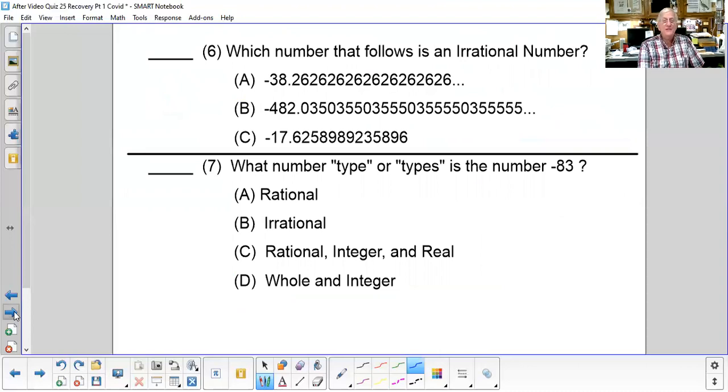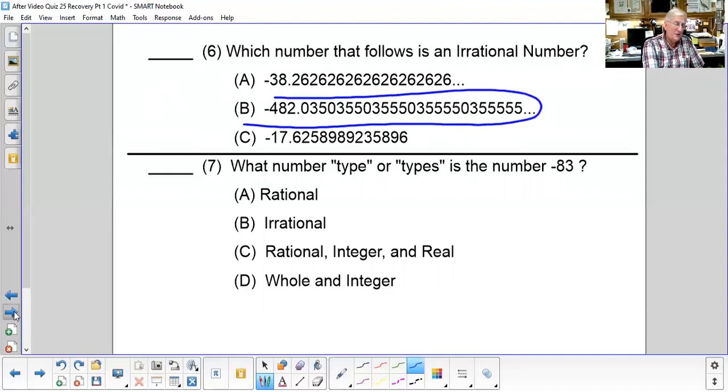If it terminates and it's a decimal, it's also a rational number. So the answer's got to be B. And if you look at B, you can see 0, 3, 5, 0, 3, 5, 5, 0, 3, three 5s, 0, 3, four 5s, 0, 3, five 5s, followed by the dot, dot, dot. You know that's an irrational number.